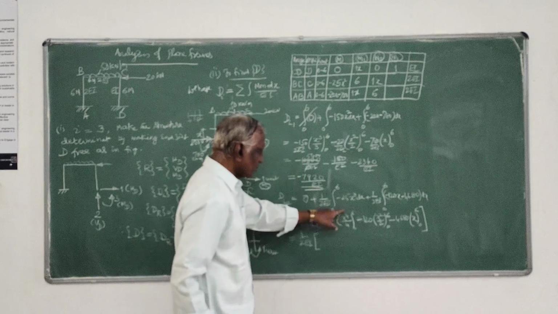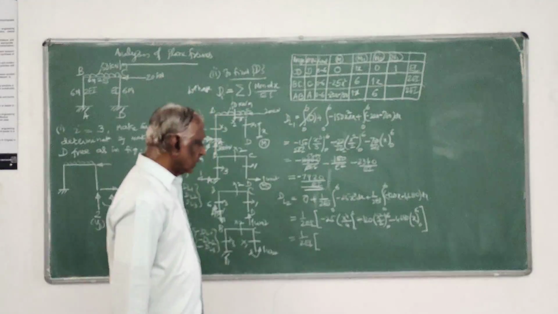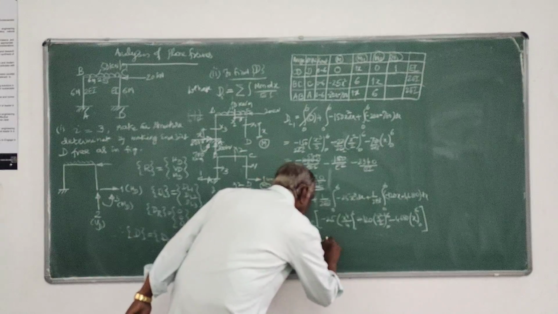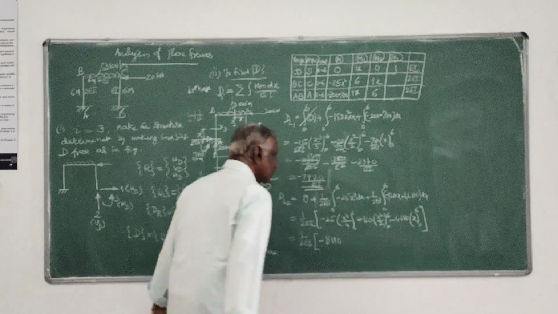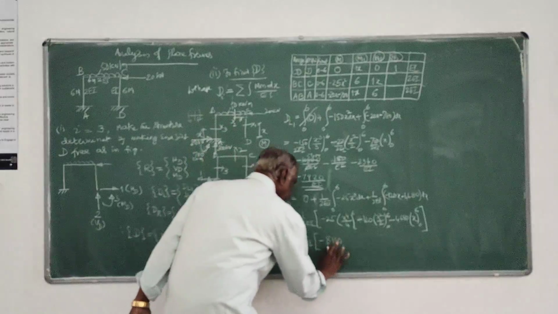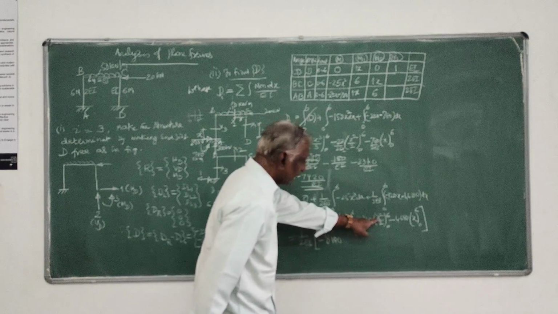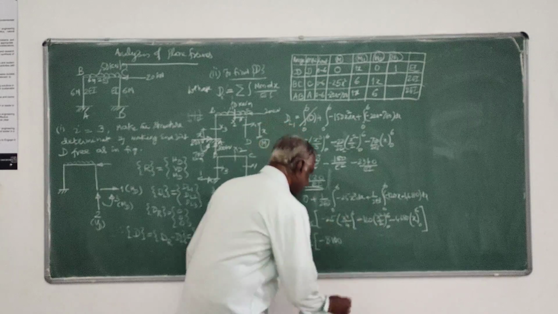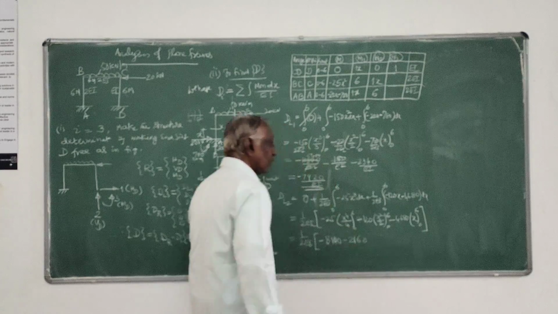This is 6 to the power of 4 divided by 4, that is minus 8100, into 25. Yes, sir, minus 8100. Here it is 6 squared, 36, by 2 is 18. 18 into 120 is minus 2160.